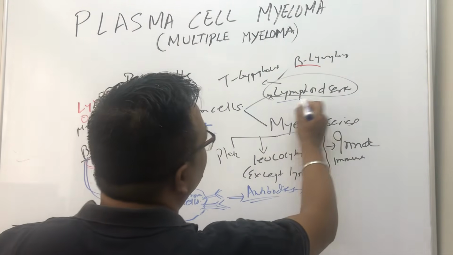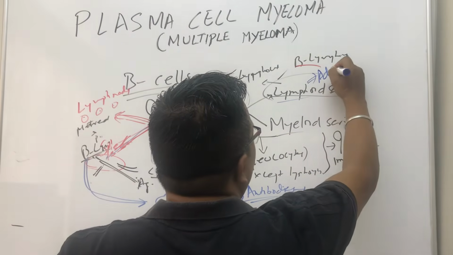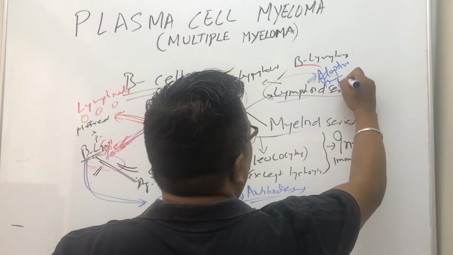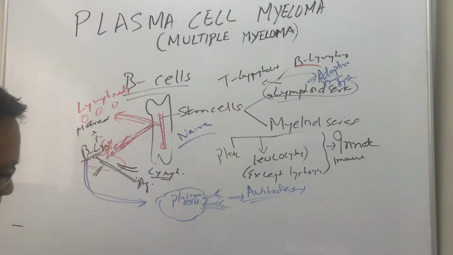So the lymphoid series are part of our adaptive immune system. This is the main difference between the lymphoid series and myeloid series.